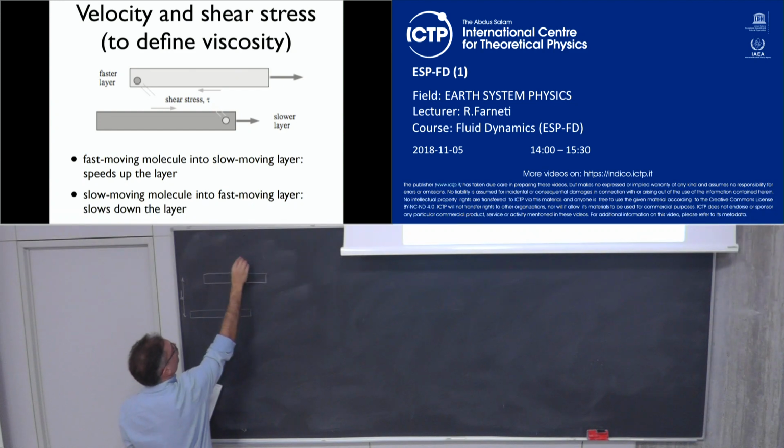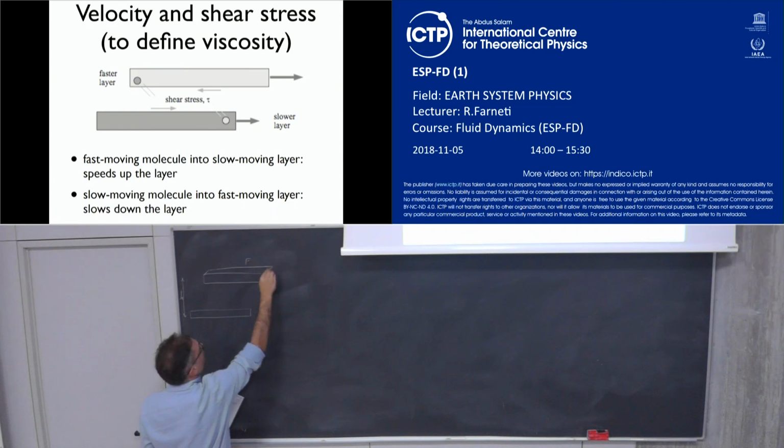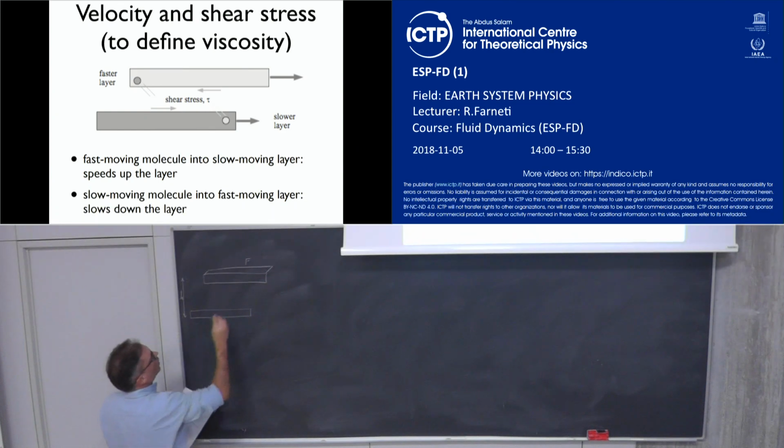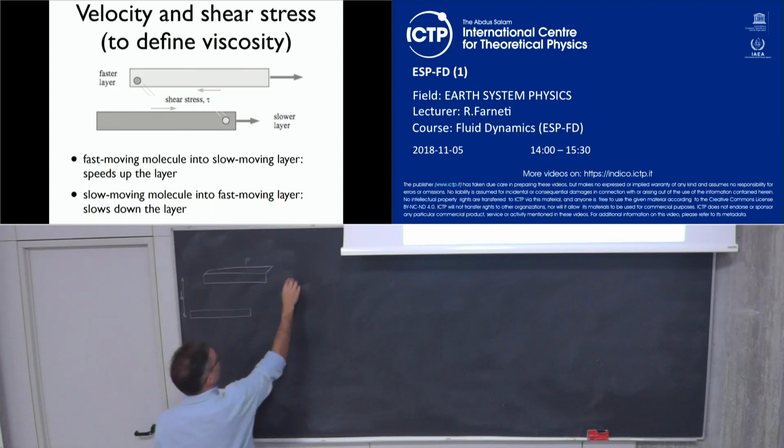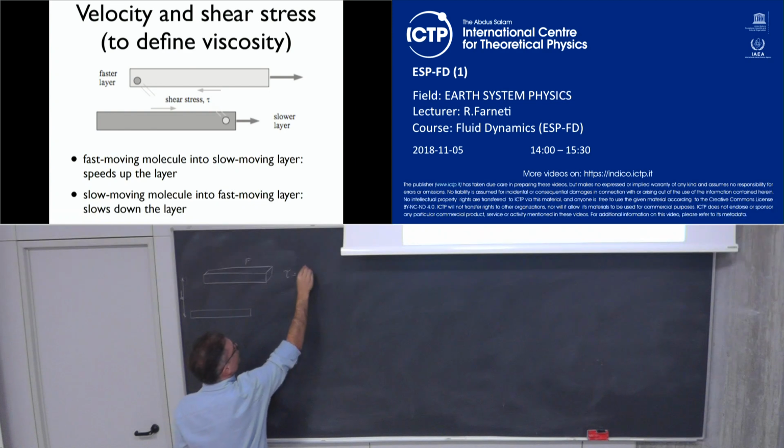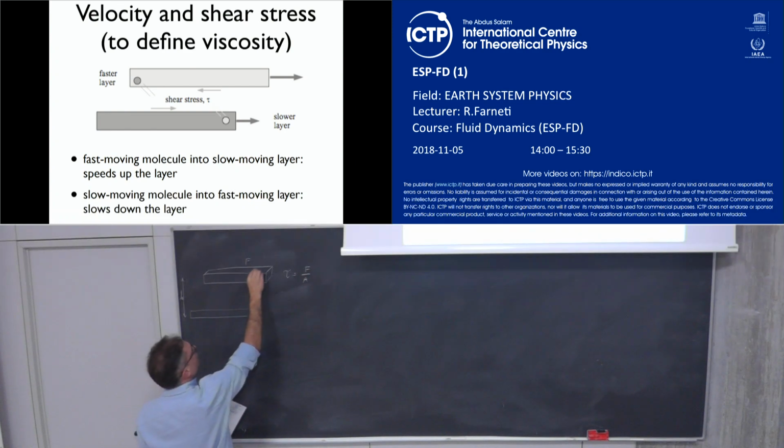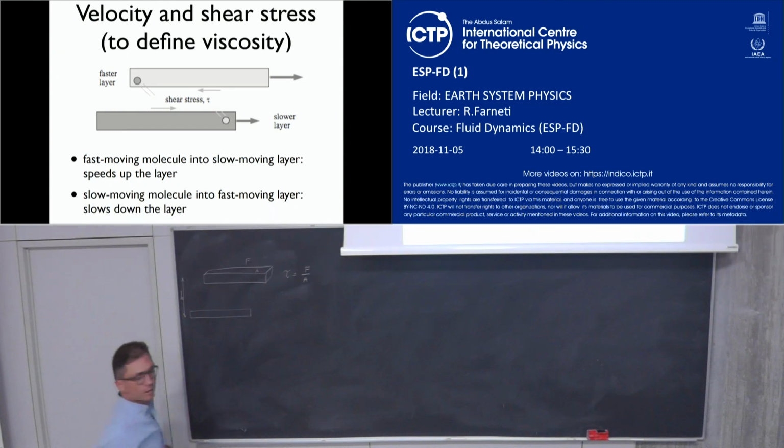This is three-dimensional. We have a force acting on the top plate, and the shear stress is proportional to the force per unit area, where this is my area A. That's my shear stress.